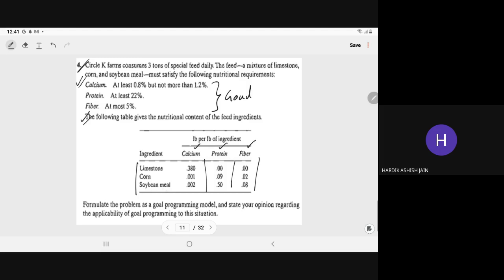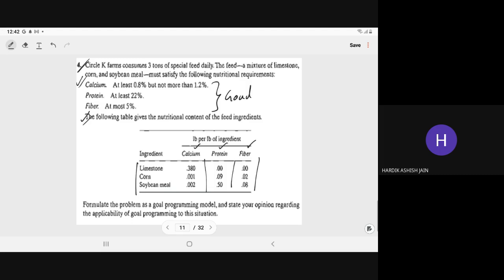Then in the soybean we have less calcium but a high content of protein. Formulate the problem as a goal program model and state your opinion regarding the applicability of goal programming to the situation. Now you have to say whether goal programming is applicable in such a problem or not, that is what they want to ask.